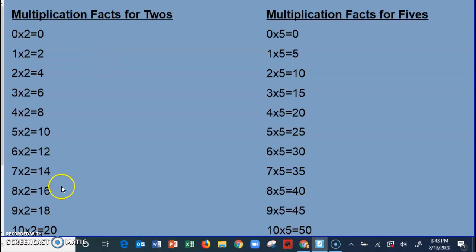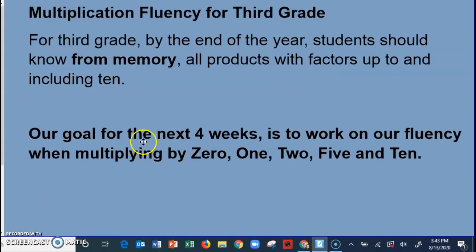Now remember, that is by the end of the year. Students should know from memory all products with factors up to and including 10.